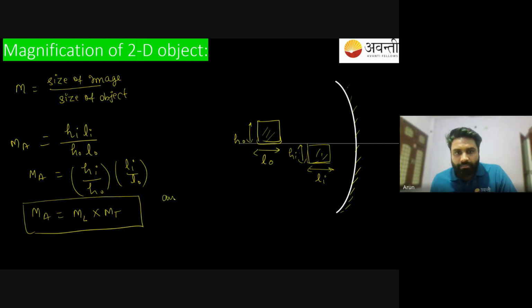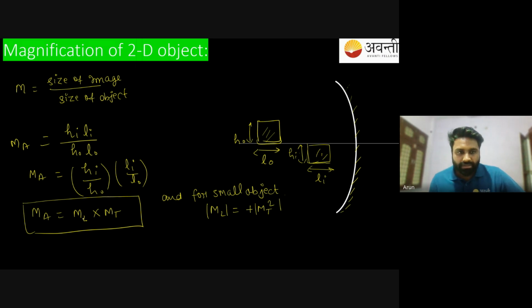And for a small object, what are we going to do? We know that this ML is the minus of the square of transverse magnification. So if I just talk about the magnitude, this will be plus one.